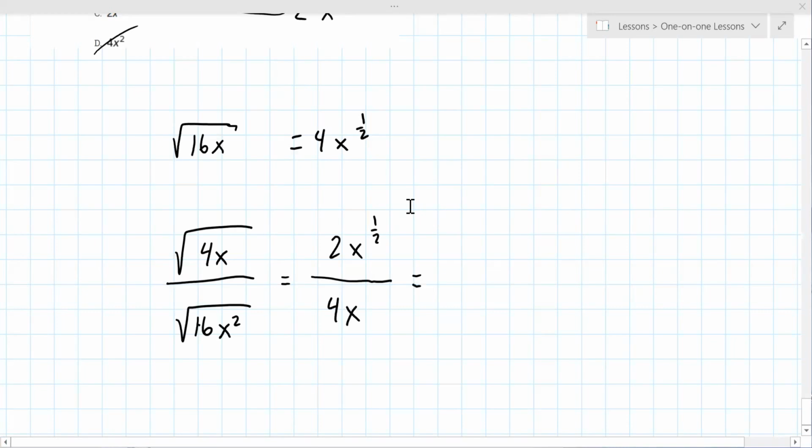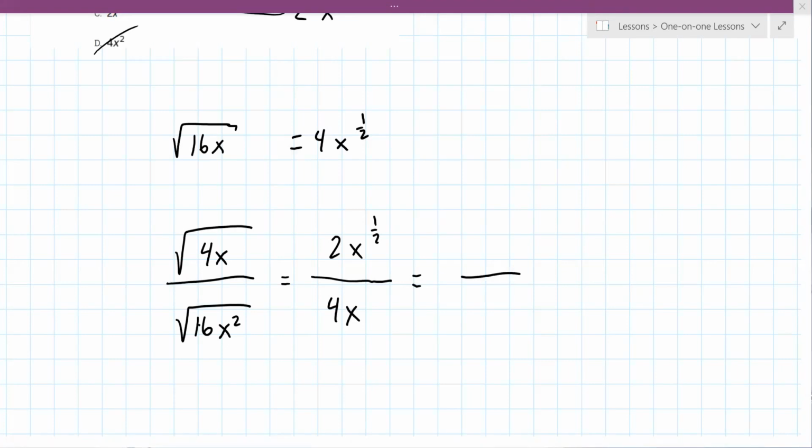So does this reduce? That's kind of where we're at here. Do the 2 and the 4 cancel? Yep. So where does the 2 go, though? Does it go on the top or the bottom? Wouldn't it be x to 1/2 over 2x?